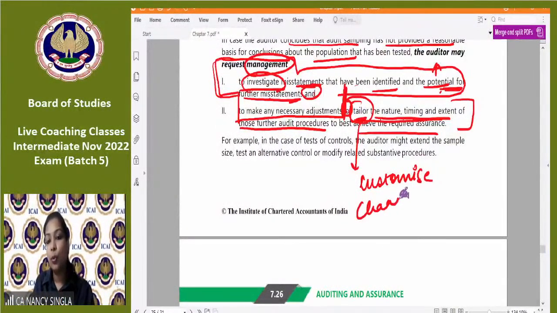Okay. So with this we have completed this chapter, but before starting with the case study, I will do one thing. I'll just revise the topics that we have done today. Before that, just let me know whether you have understood.